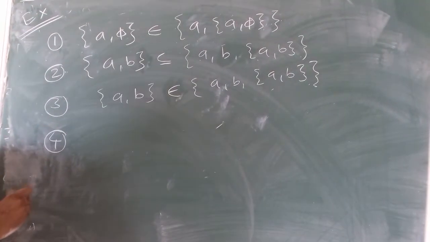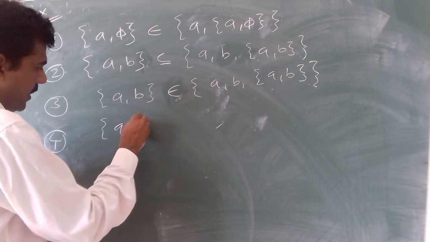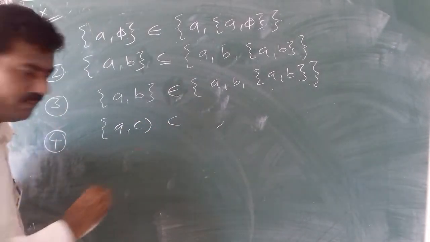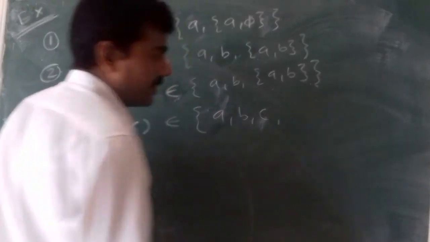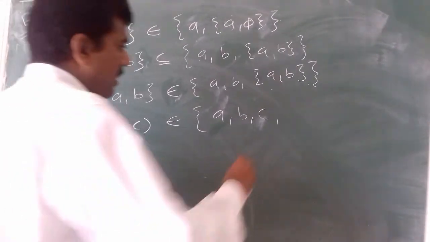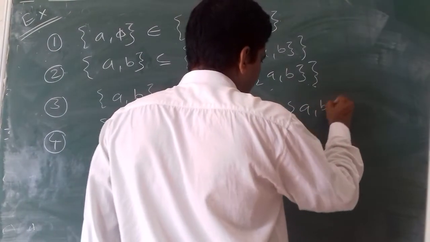And the fourth statement is a, c belongs to the set a, b, c and in curly brackets a, b, c.